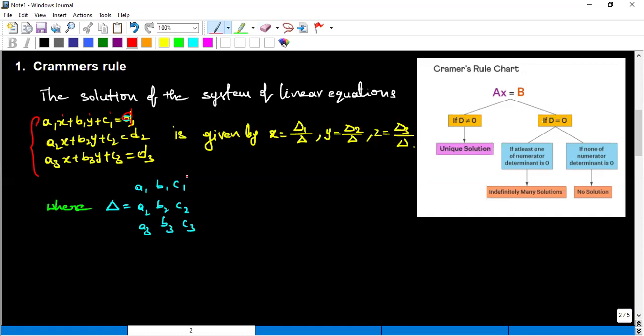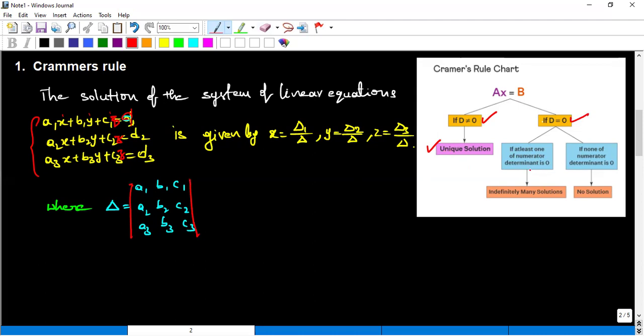First of all, we will find a determinant for the coefficients of x, y, z. Here the z is missing in one equation. If the determinant is not equal to 0, then we can find the solution, and the solution is unique. Suppose you got 0, then what you need to do?